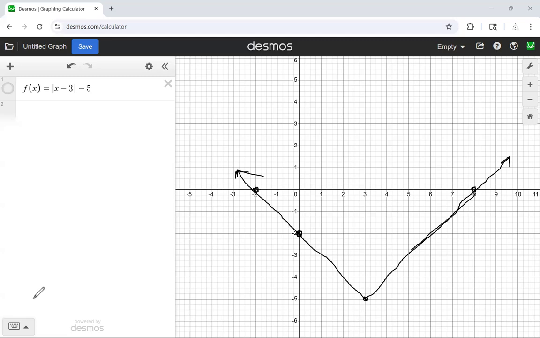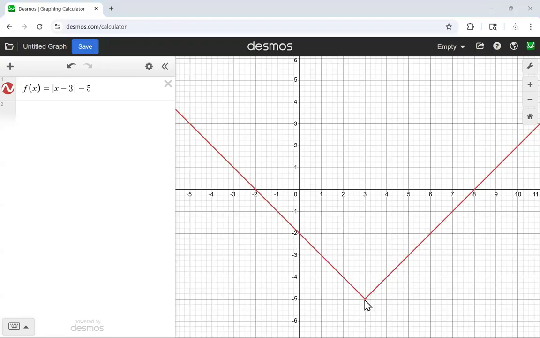You can confirm that using technology. Here I already typed it in, so if I click that on, you can see the graph is exactly what we were looking at. So we can see that we get exactly the graph that was described.